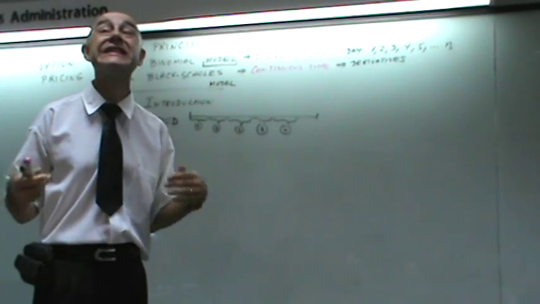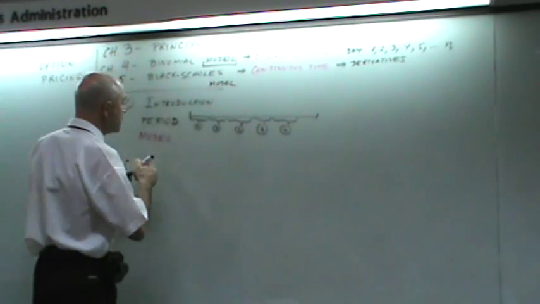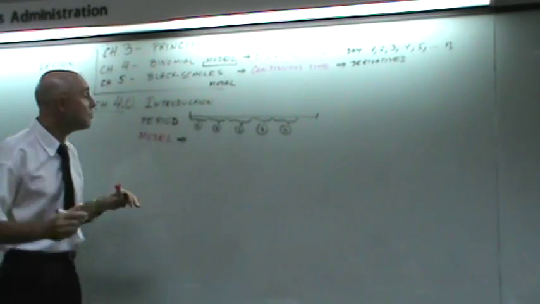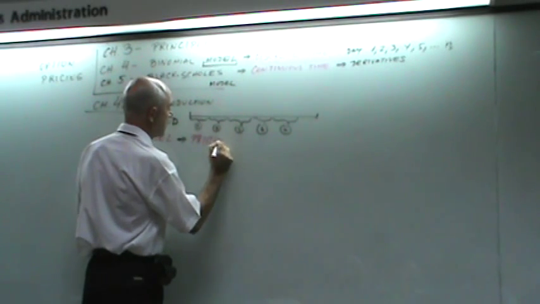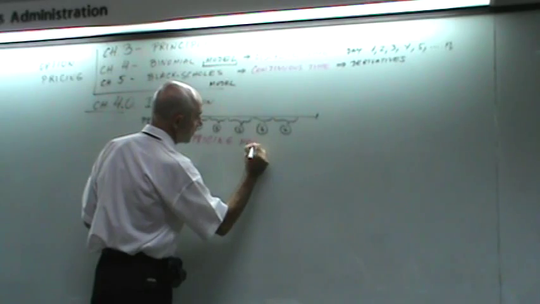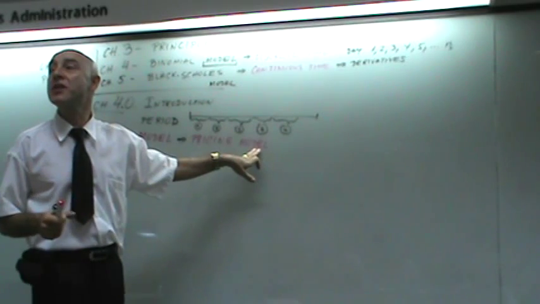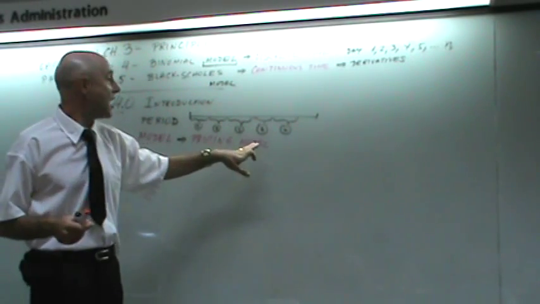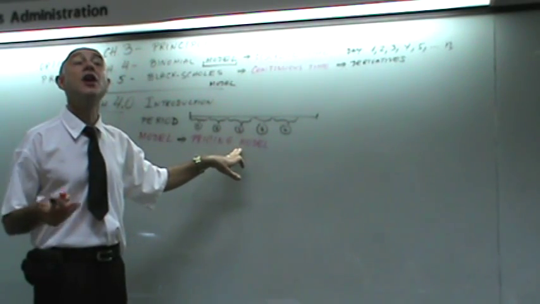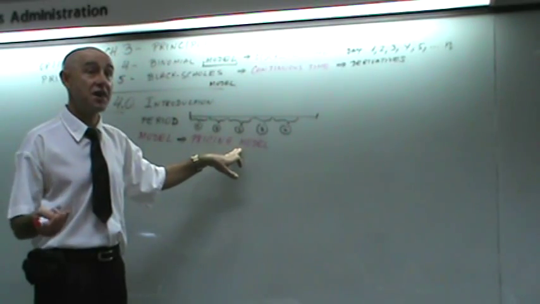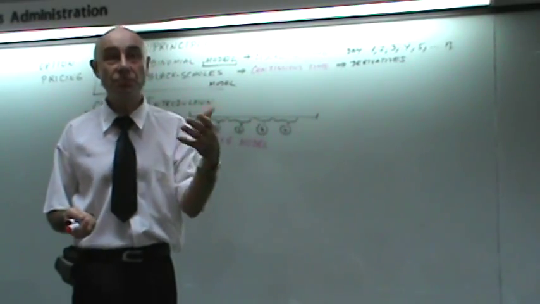And from a model, we're getting to a pricing model. A pricing model is a relationship of how or what determines a price. How a price is determined. Or a different way of saying it is what affects the price.